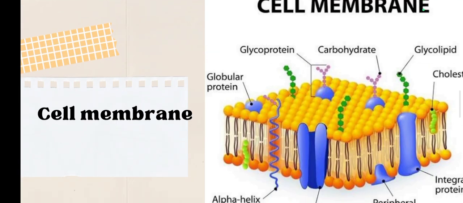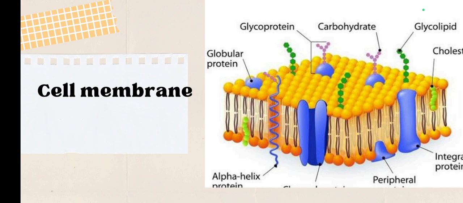As you can see here, these are the receptors and channels, in blue color and yellow color. These channels and receptors allow only specific molecules or substances, such as ions, nutrients and waste metabolic products, to pass in and out, and remove whatever is not required. Toxic chemicals are also thrown out of the cell through the cell membrane.